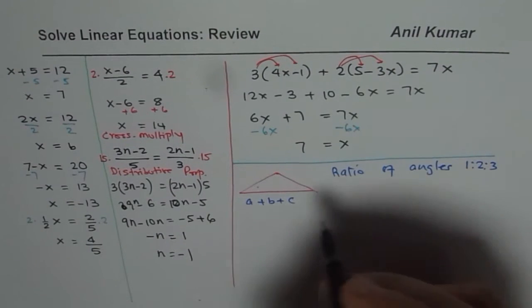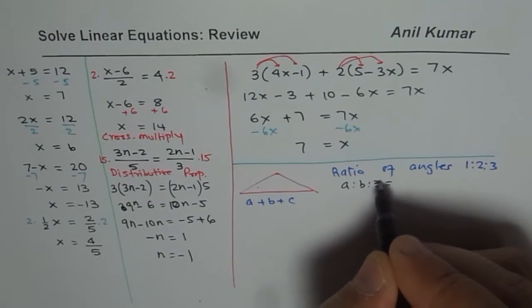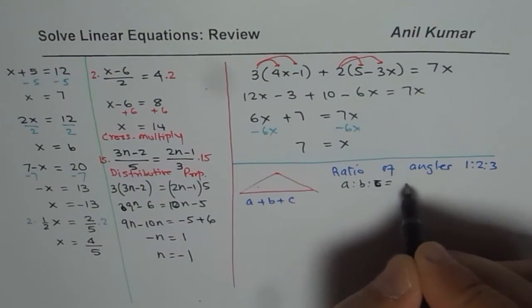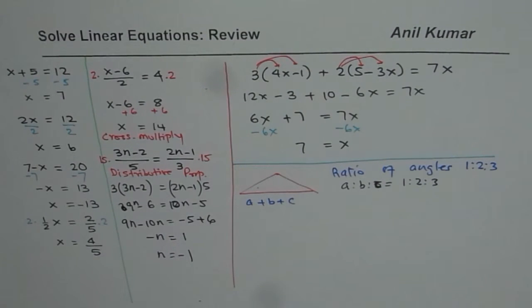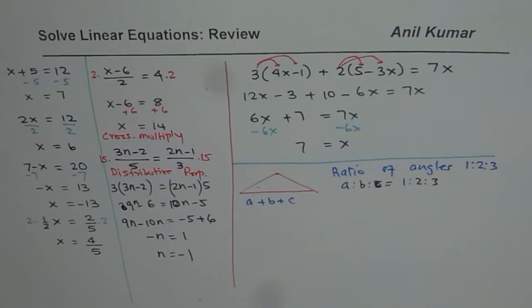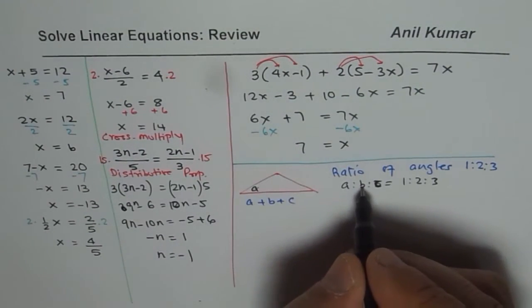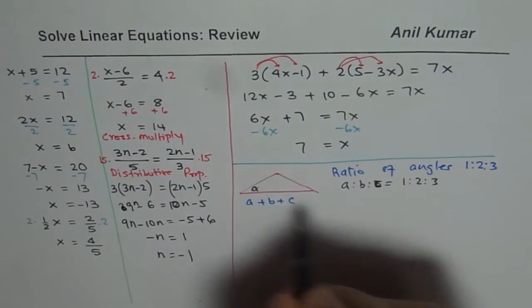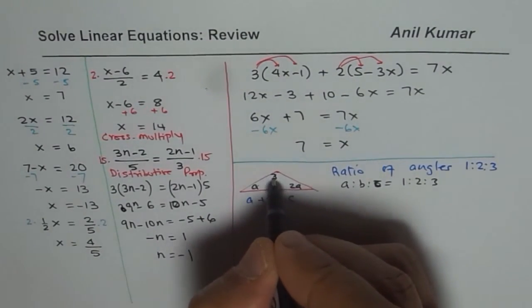So the question is that the ratio A to B to C is 1:2:3. Find all the angles. Well, how am I going to do it? Let us say if one angle is A, then the other angle is 2 times A, that means 1:2, right? So 2A. And the third angle will be 3 times A, that means 3A.